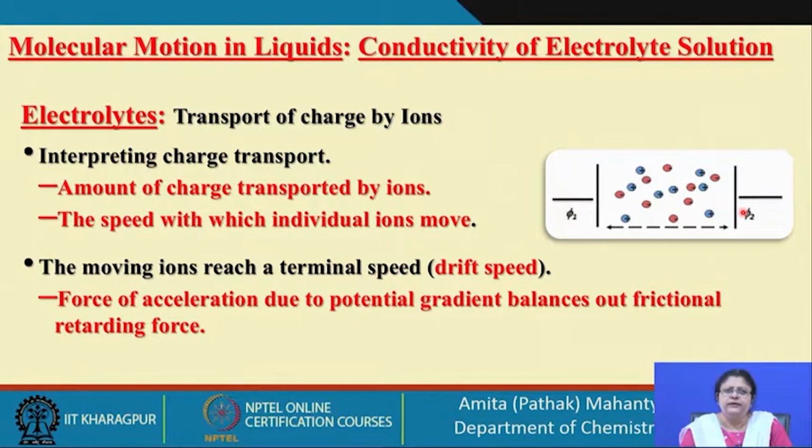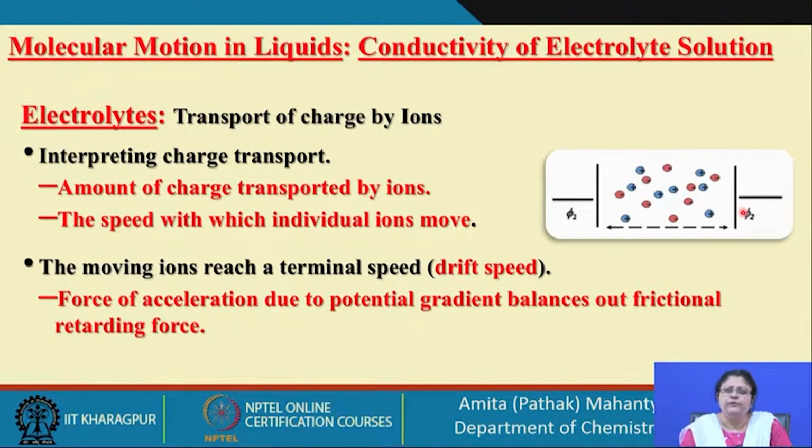The force actually driving them is the potential difference across the two electrodes. The moving ion is going to reach a terminal velocity, which we call the drift speed, when the force accelerating it due to the potential gradient balances out the frictional force, which is a retarding force.